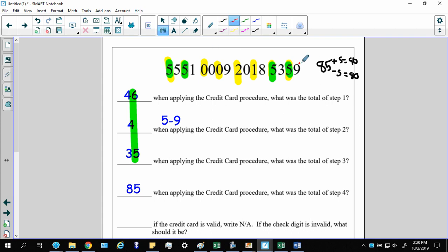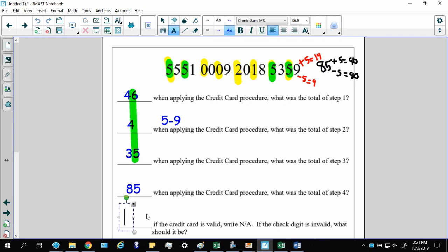If I add 5 to 9, that's a plus 5, I would get 14. Well, right then and there, double digit, you know that's not going to work. If I subtract 5, I end up with 4. So which is more possible, the 4 or the 14? The answer, the check digit, should be 4. All right. So the check digit should have been 4, not 9.